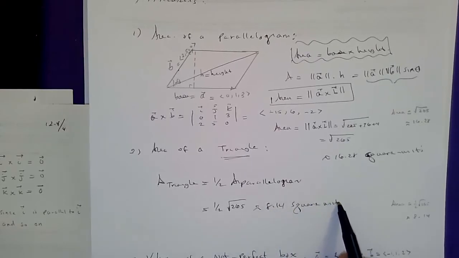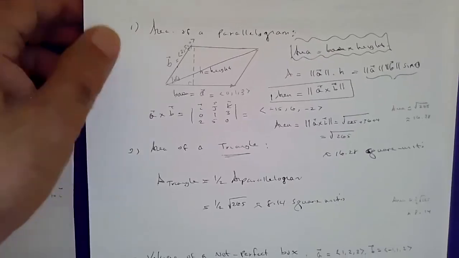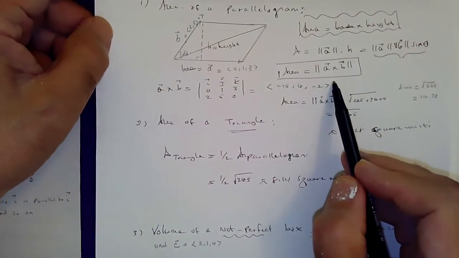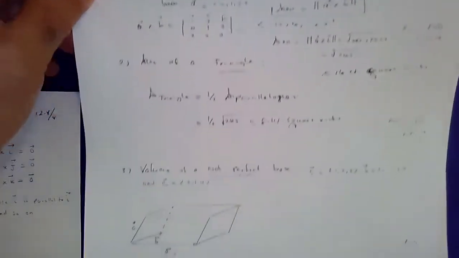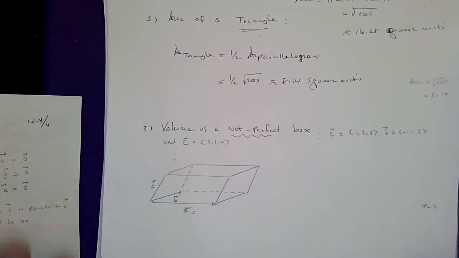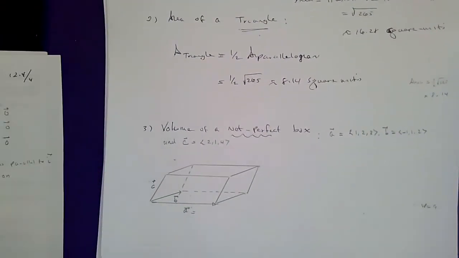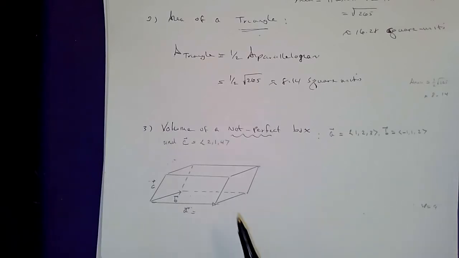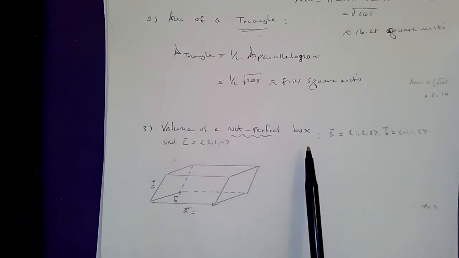Do you see it? That's how you find the area of a triangle: find the area of the parallelogram using this formula, and then divide it by 2. Lo and behold, you have the area of the triangle.